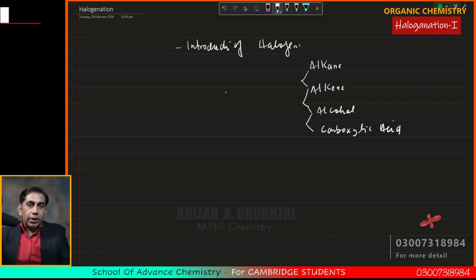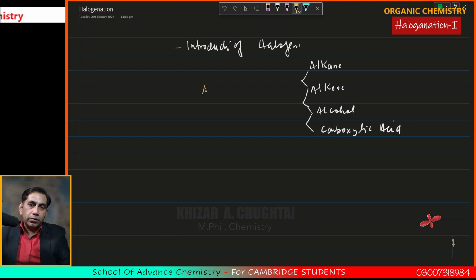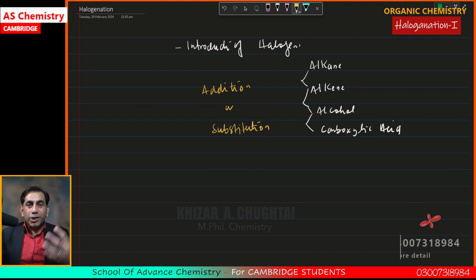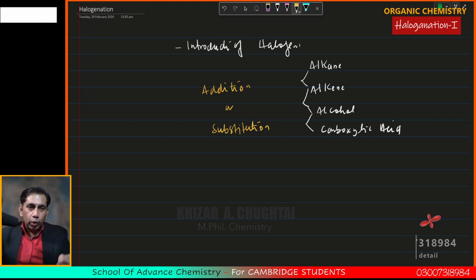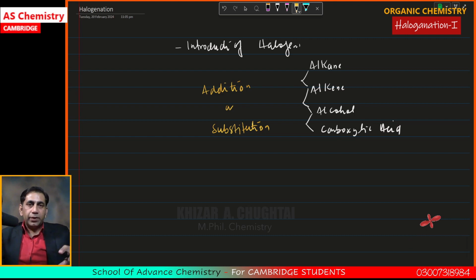Overall, generally, with the help of sometimes addition reaction or sometimes substitution reaction. So we can introduce halogen to alkane, alkene, alcohol, and carboxylic acid. That's all, as far as the AS chemistry syllabus is concerned.